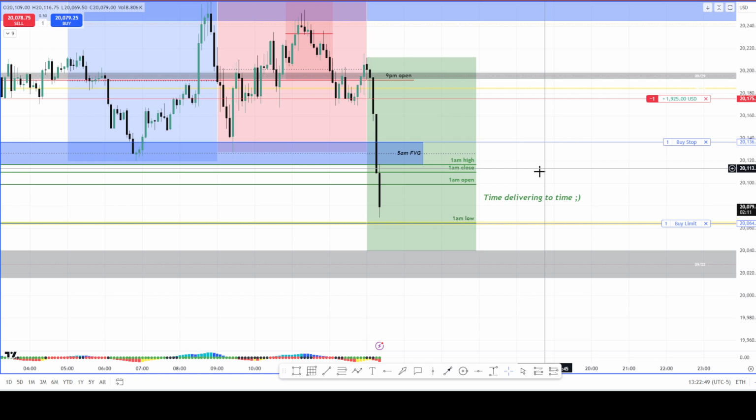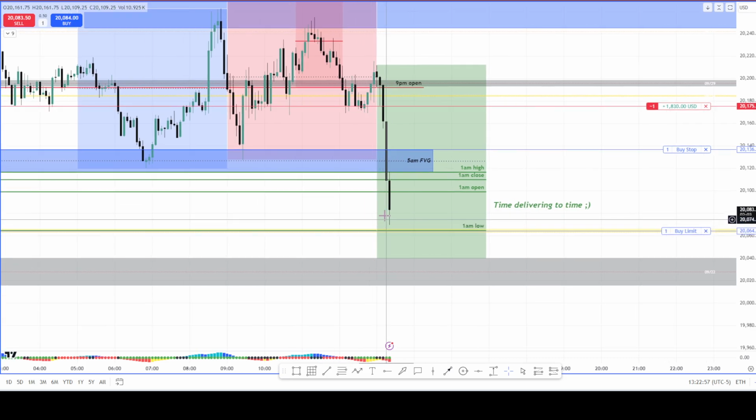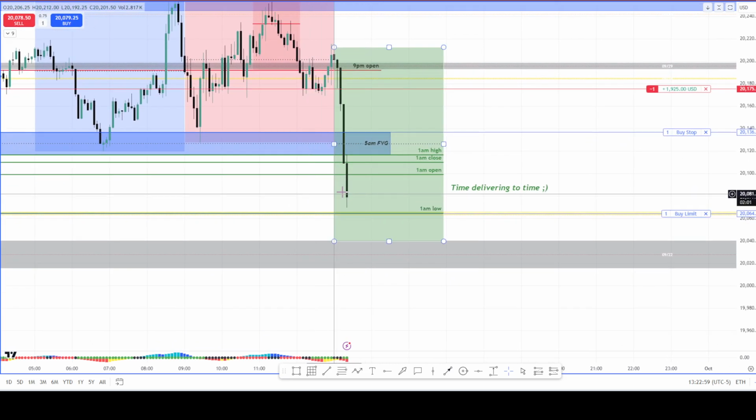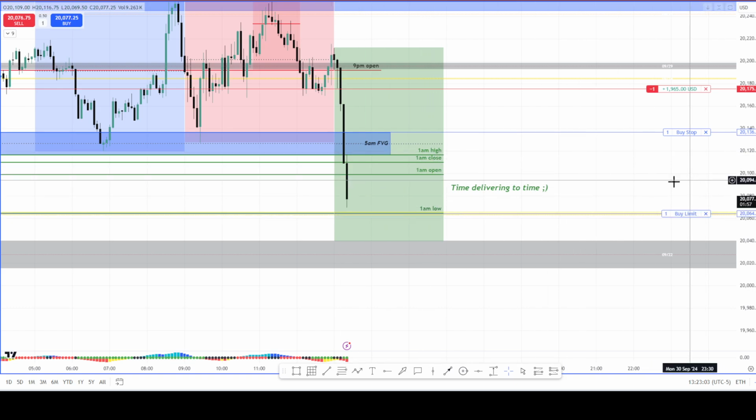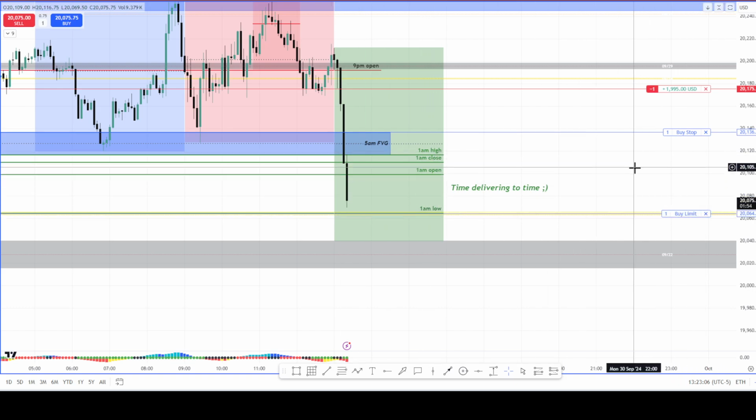So that wick from here to here, that is a balanced range. So there's probably an order block somewhere in here on a lower time frame. These are 4-hour markings, which is why sometimes it doesn't always run the low. Sometimes it saves that for later.